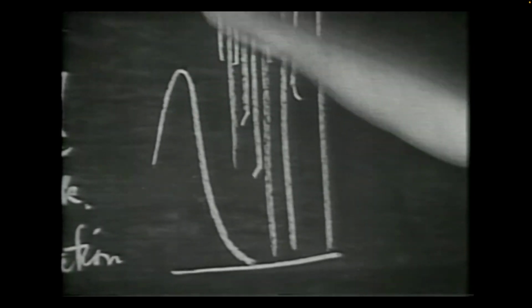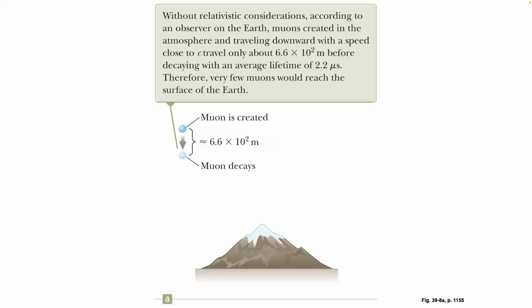All right, let's untangle this. Okay, so here's a mountain, and here is a mu meson. That distance is about the same. So they said in the film that the mu meson lives this long.